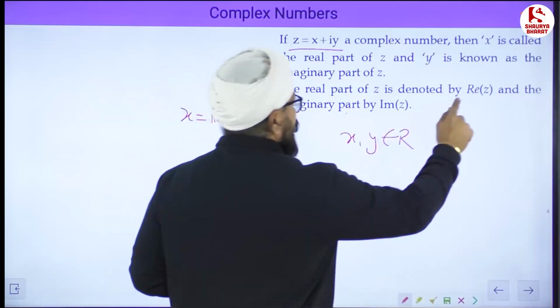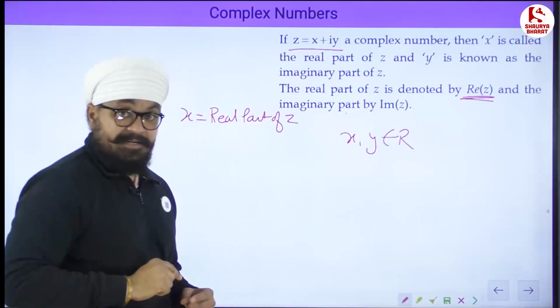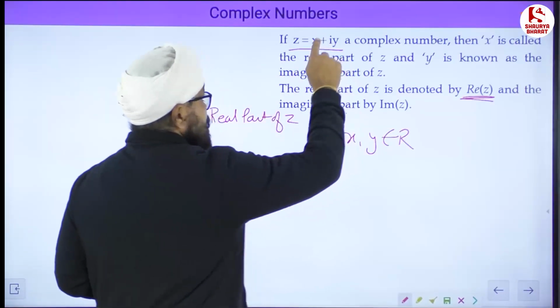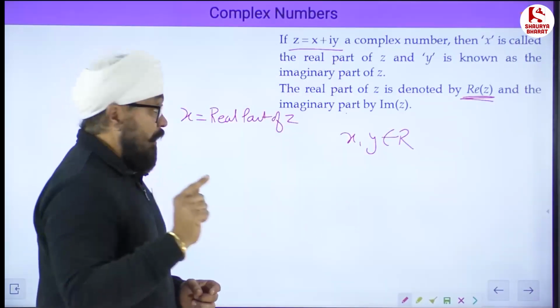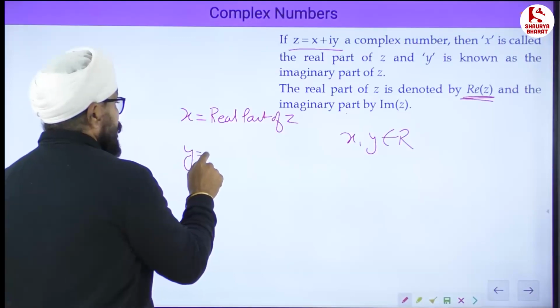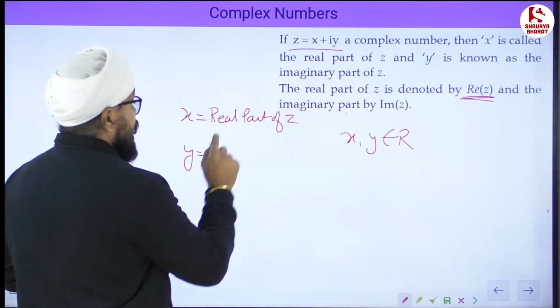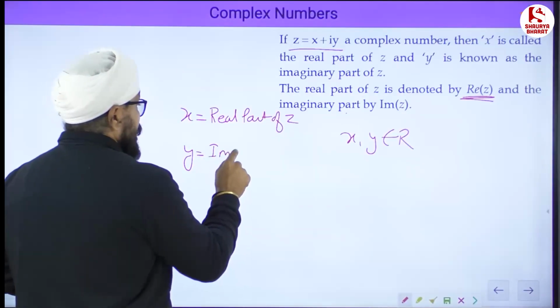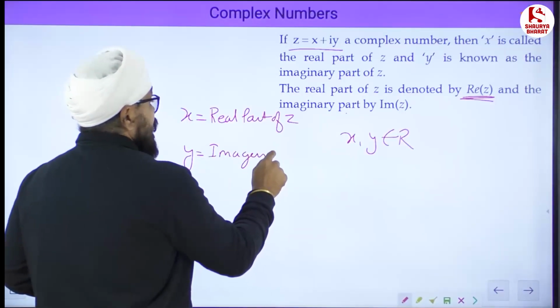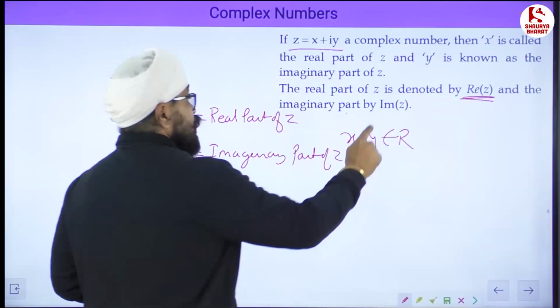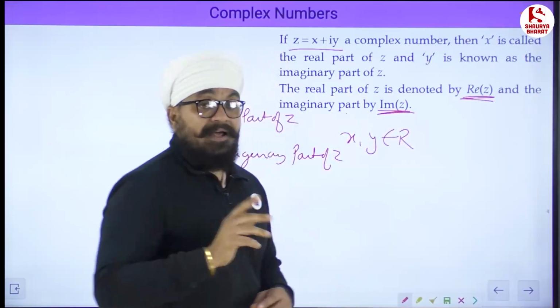In short, we write this as Re z. In the same way, iota is there with y, so this real number y is given another name, the imaginary part of z. In short, we write this as Im z.